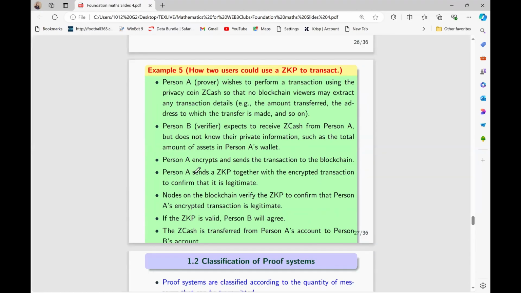And example 5, I just want to look at how two users would use zero knowledge proof to transact.